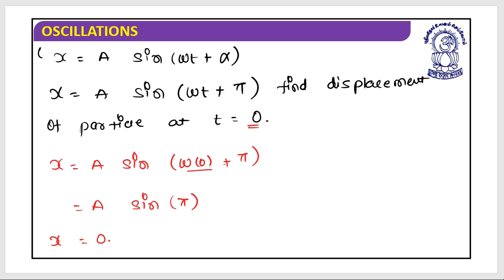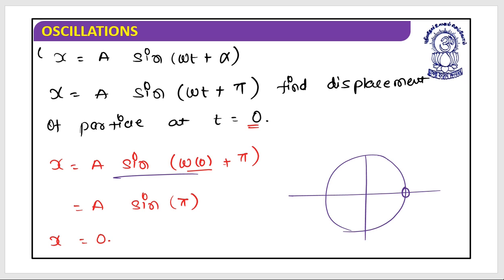So if I have started my motion, let's see this according to the circle. If I have started my motion at this position, because this is considered as the mean position. How do I know that I have started my motion from the mean? Because it's x is equals to a sine omega t.